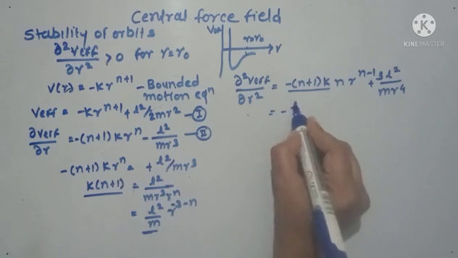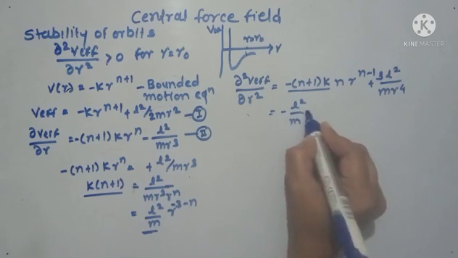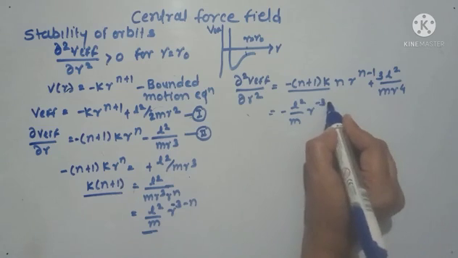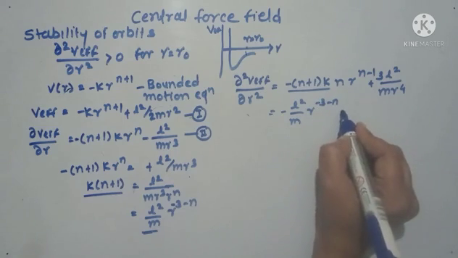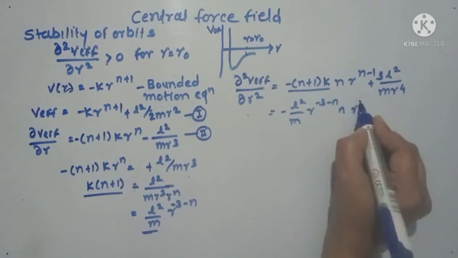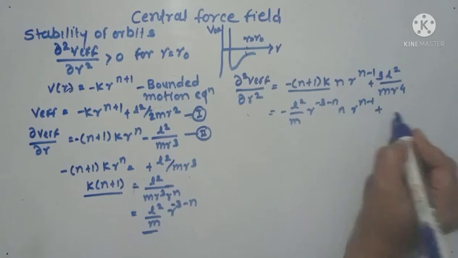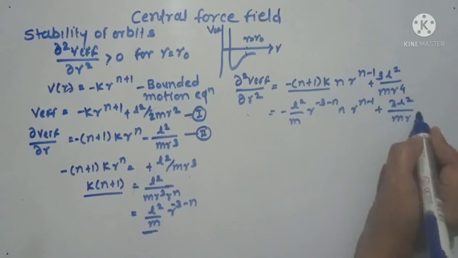It will be minus L square upon m r raised to minus 3 minus n, times n, r raised to n minus 1, plus 3 L square upon m r raised to 4.